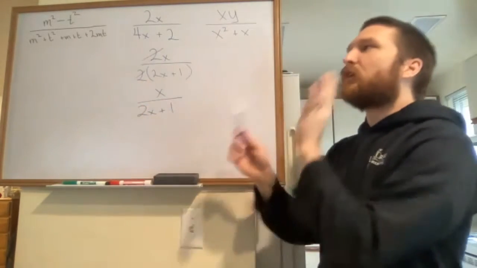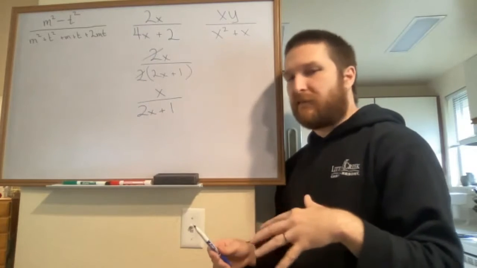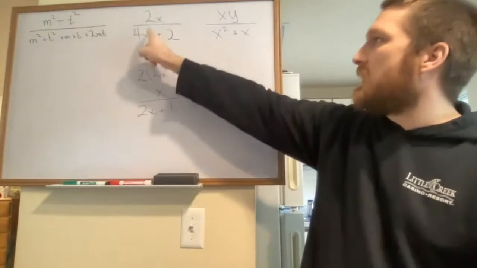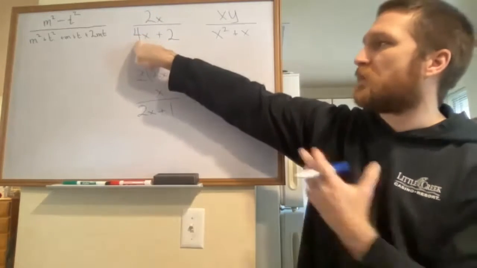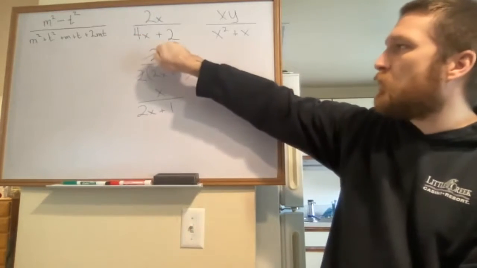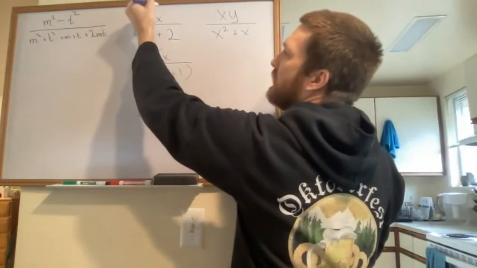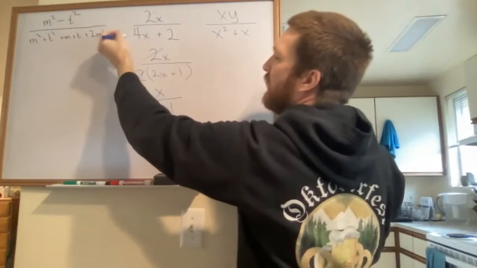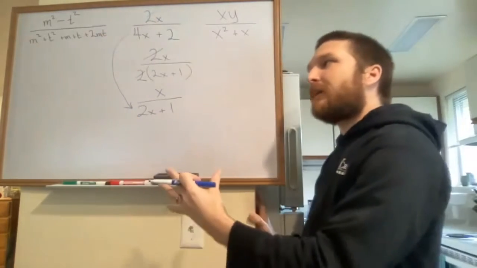Now, what you could have done, and I don't recommend it, is say from right here, wait a minute, there's a 2 in here. The 4 is just 2 times 2, and I could just cancel this 2, going straight from here to there.